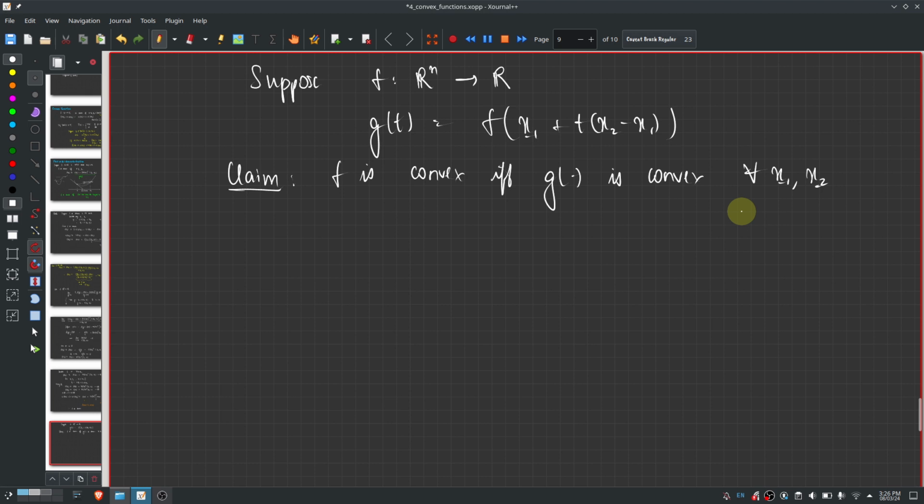Now this does not require any additional properties on f. It need not be differentiable or twice differentiable. So for any function f, if g is convex for all x1 comma x2, then f is also convex, and vice versa. So what is the interpretation behind this particular statement?